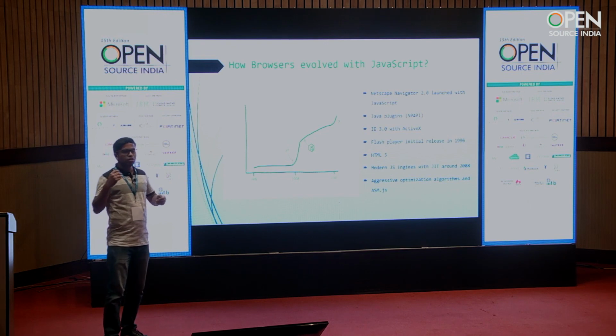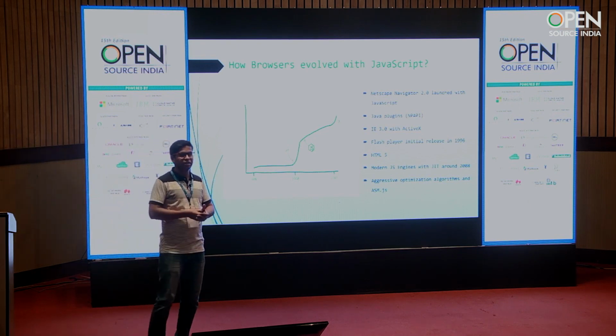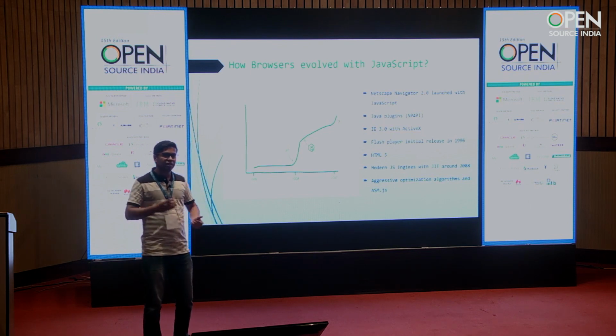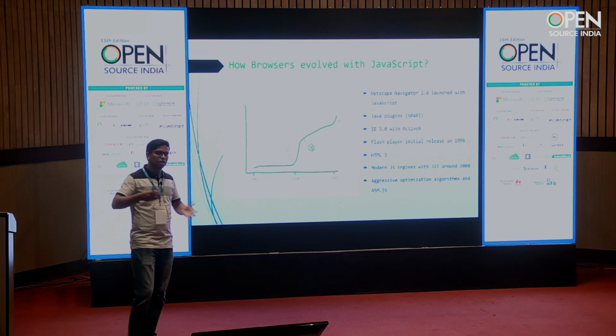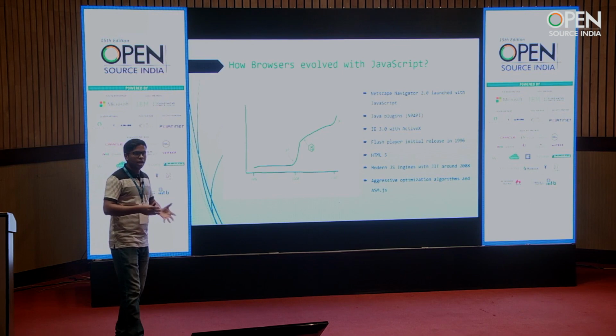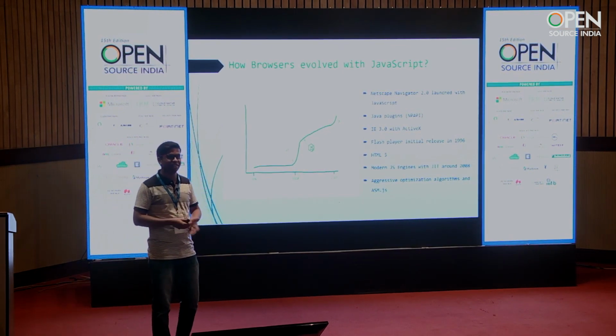To improve performance and make web page rendering faster, browsers and some companies started adding support for other languages. Java plugins and applets were there. They were ridiculously slow, but it was good at that time.